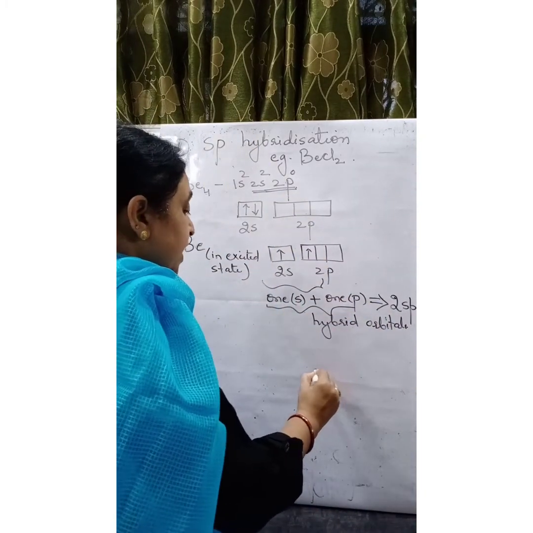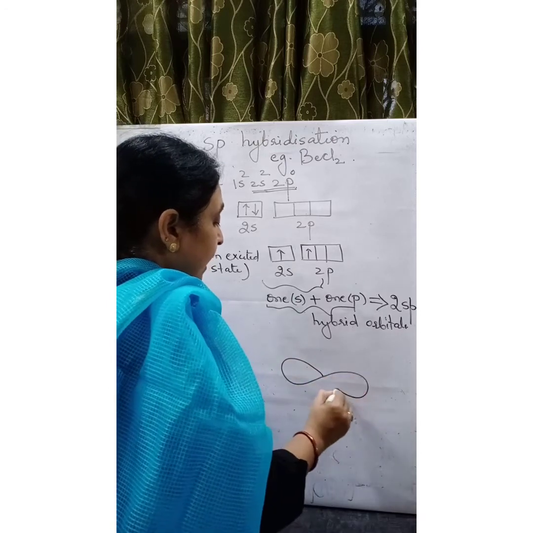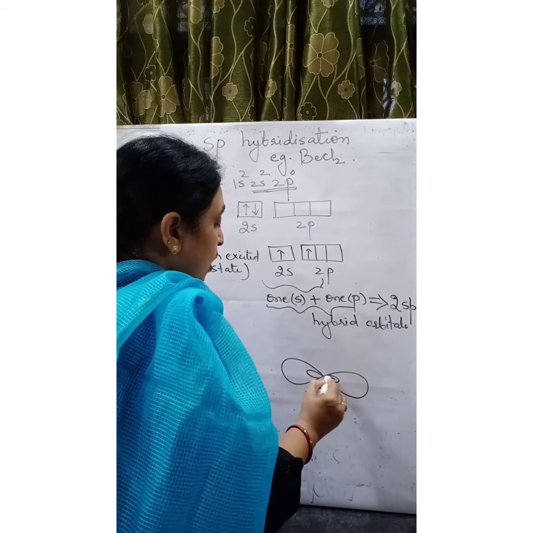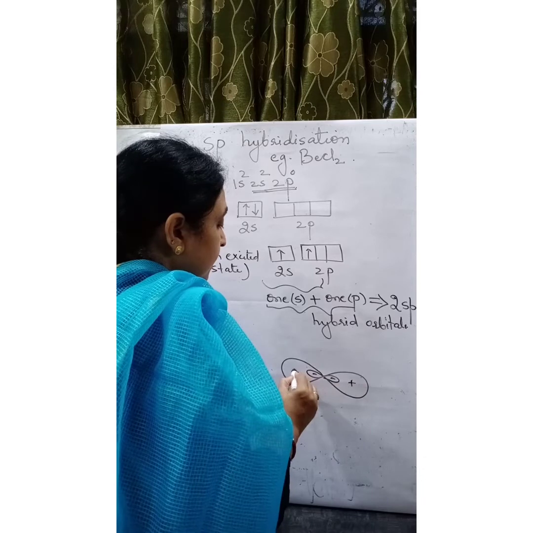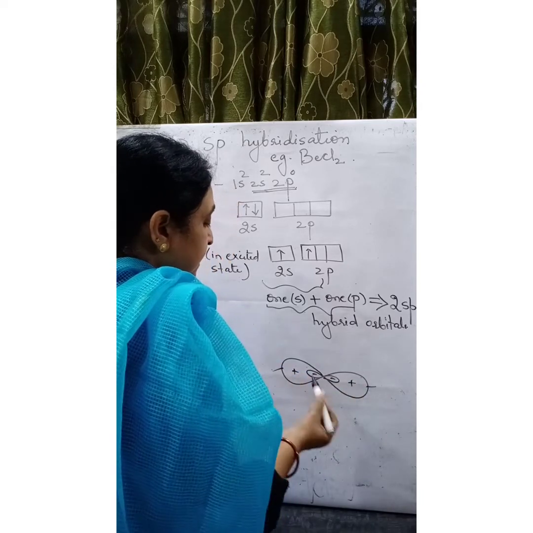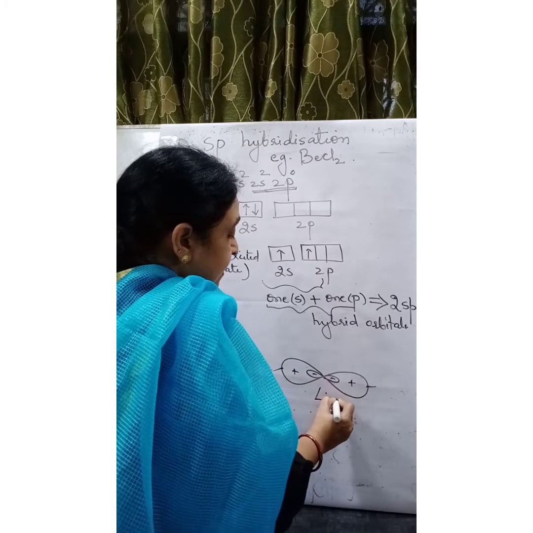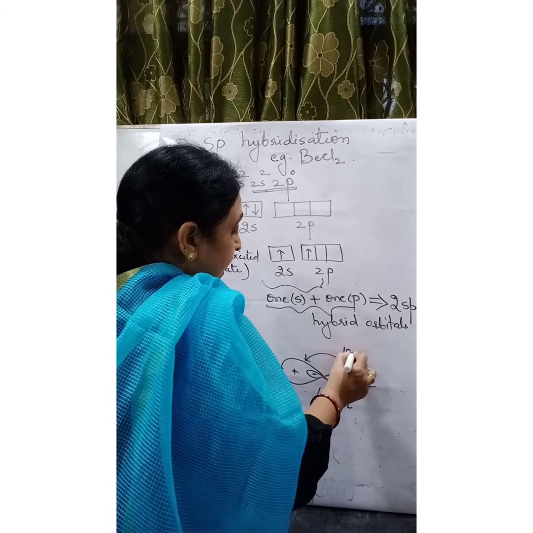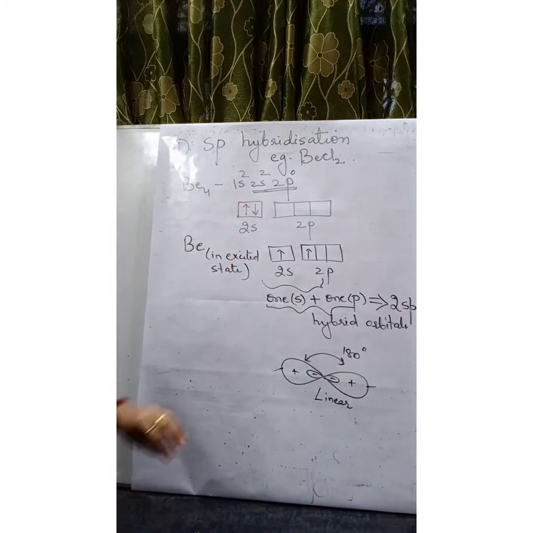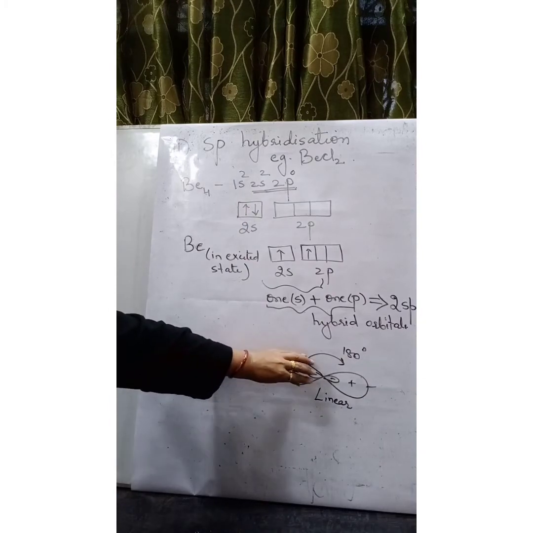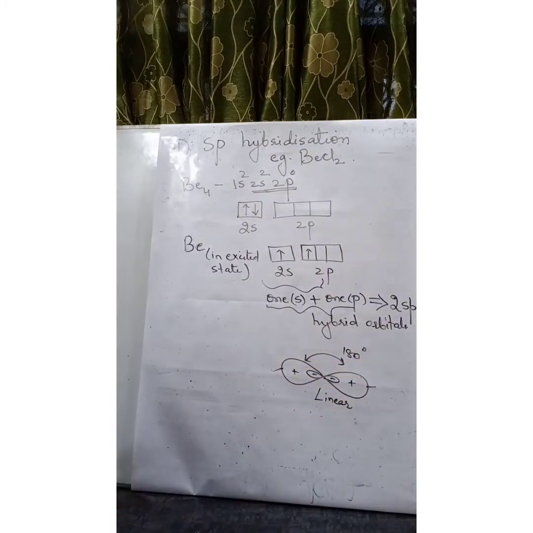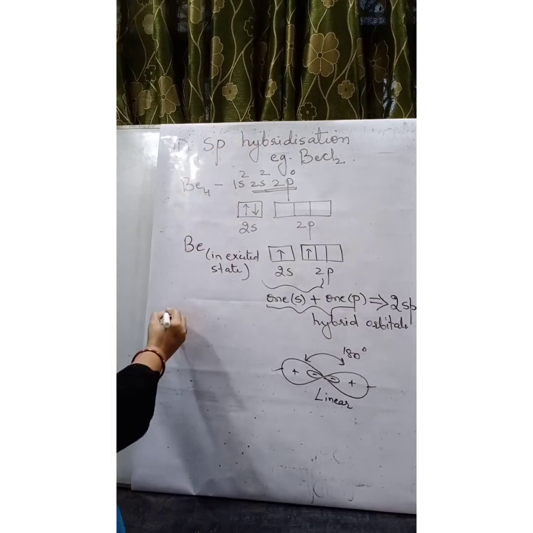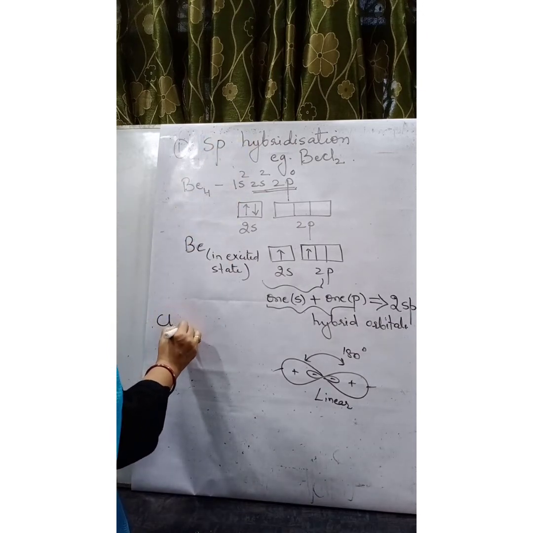This is the shape of the sp hybrid orbital. The shape is linear with a bond angle of 180 degrees. This is one sp hybrid orbital and this is the other sp hybrid orbital. Now beryllium is combining with chlorine.